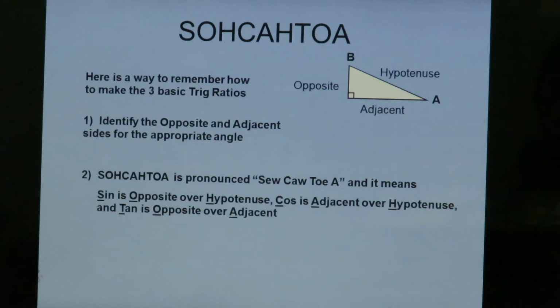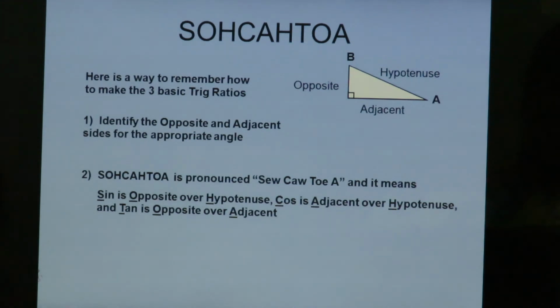SOH-CAH-TOA is pronounced so-ca-to, and it means sine: the S, first letter, is opposite, the O, first letter, over hypotenuse, the H, first letter. So SOH. Plus cos: C first letter, adjacent A, hypotenuse H. Cos A is adjacent over hypotenuse.